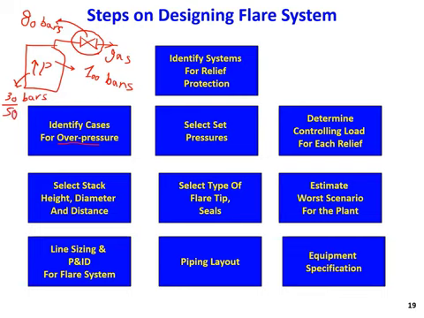So what does it mean? Say the reactor is operating at 50 bars, and this reactor can tolerate pressure up to 100 bars. After that, it will have operating problems and might explode.